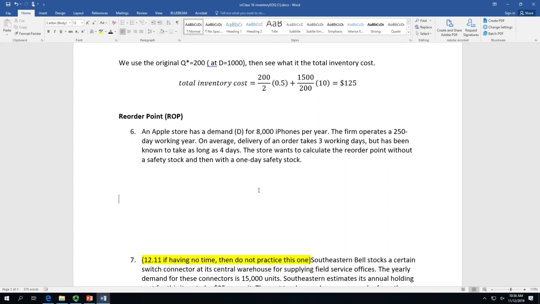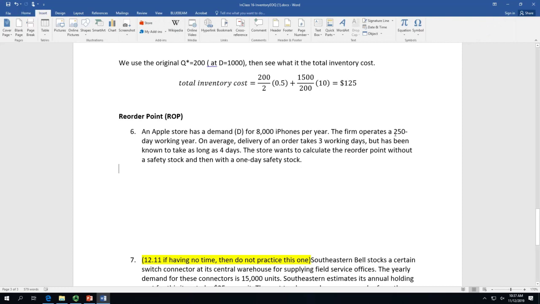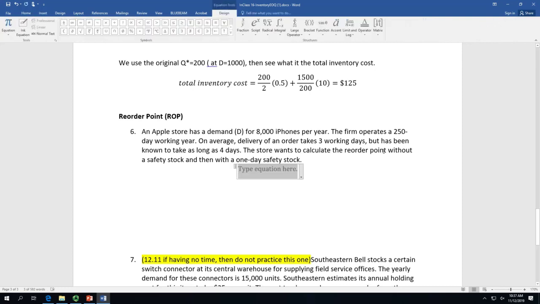The store wants to calculate the reorder point without a safety stock, and then with a 1 day safety stock. So the reorder point equals D times L. D is the daily demand.